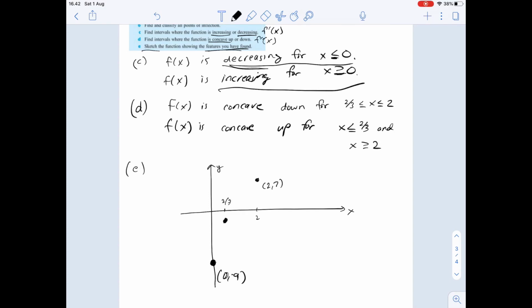So we know it's decreasing here and increasing here. It has to go through this point (0, -9). So it decreases for everything less than 0. There's 0. We know that (0, -9) is a local minimum, so that means it has to start going up.